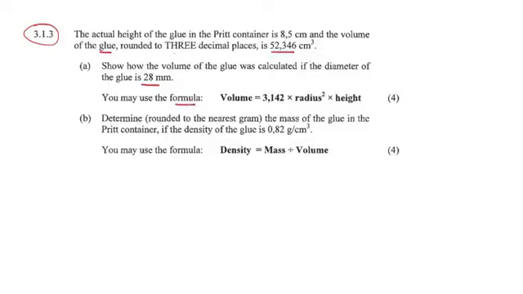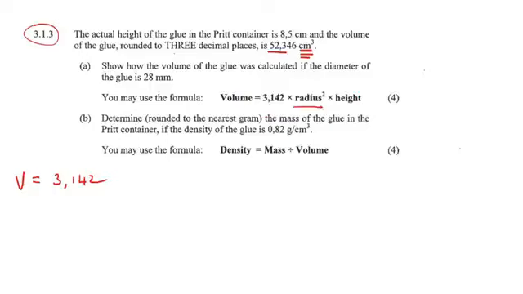You may use this formula. They said show how the volume was calculated, and the volume is measured in centimeters, so we need to make sure all of our measurements are in centimeters. So the volume is equal to 3.142, using this formula over here, multiplied by radius.